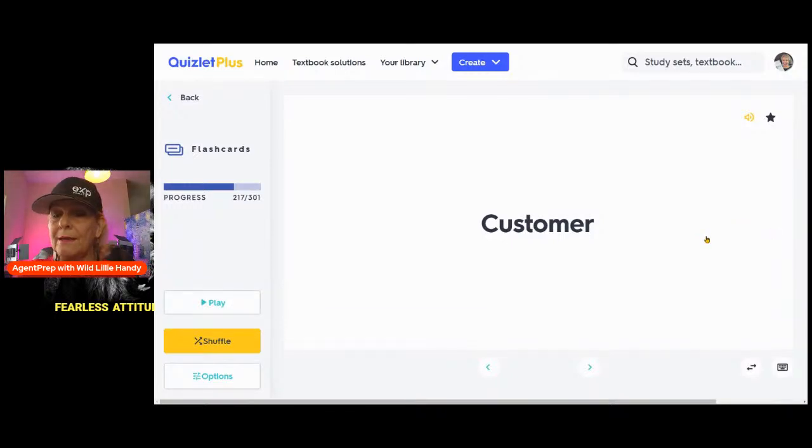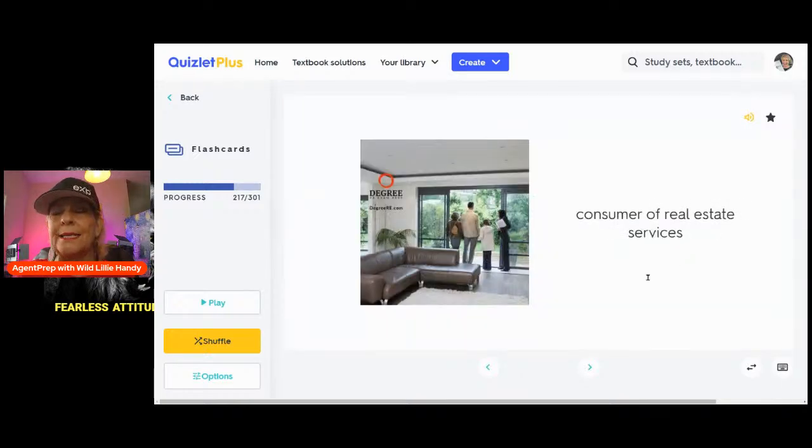No, they are not a client. A customer is someone that we do not represent. Consumer of real estate services. They consume, right, Lisbeth? We don't represent them. They're still shopping around. They're a customer. Once we sign an agreement, then they become a client. But while just shopping around, they're a consumer of services. They have not yet made a commitment to buy.